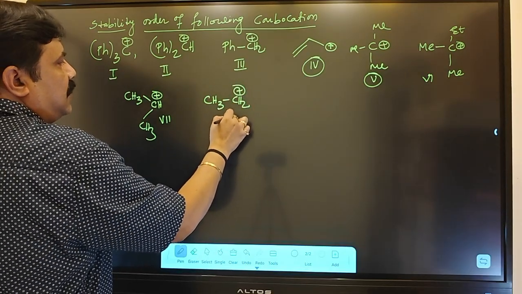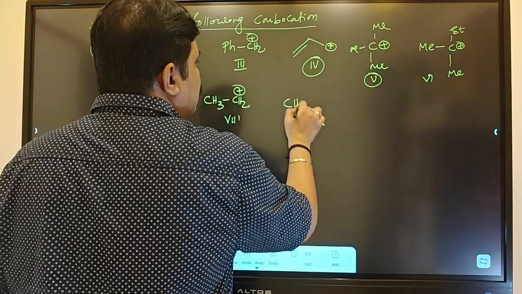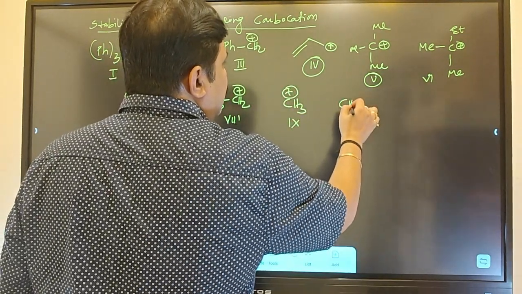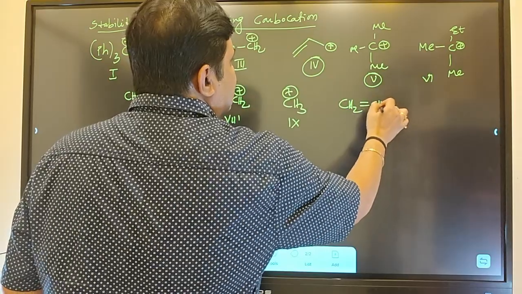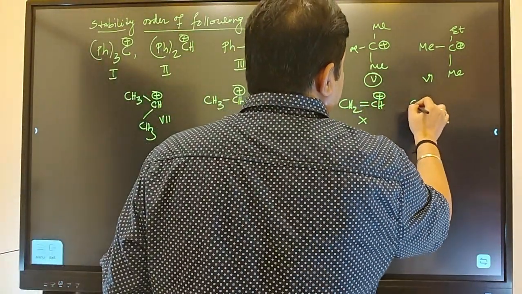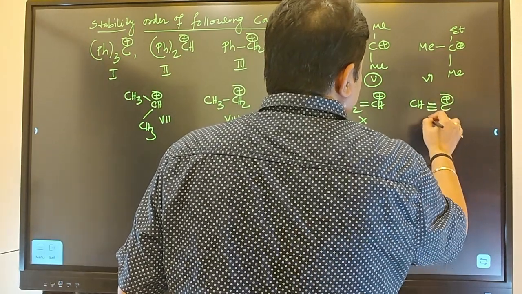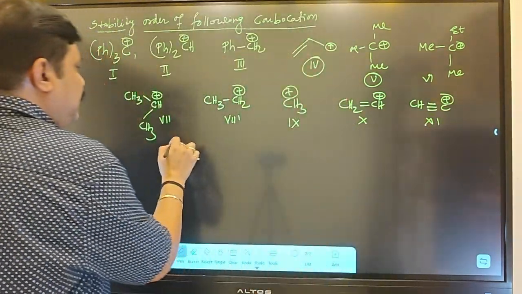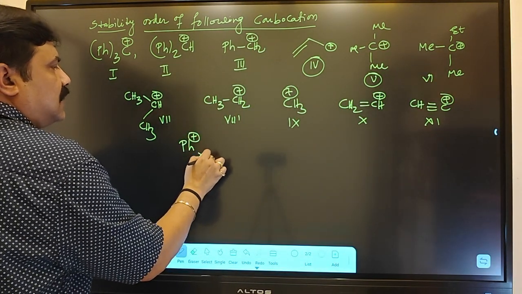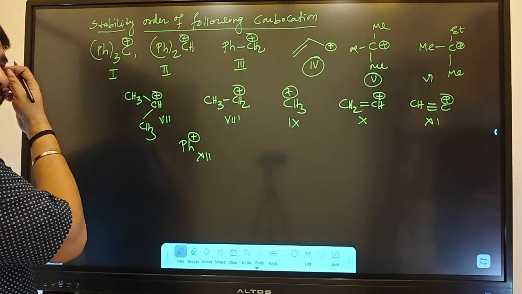This is your 8th one. Now next one, this is the 9th one. Next one is the 10th one. Next one is the 11th one. Next I am giving you the phenyl carbocation. This is the 12th one.